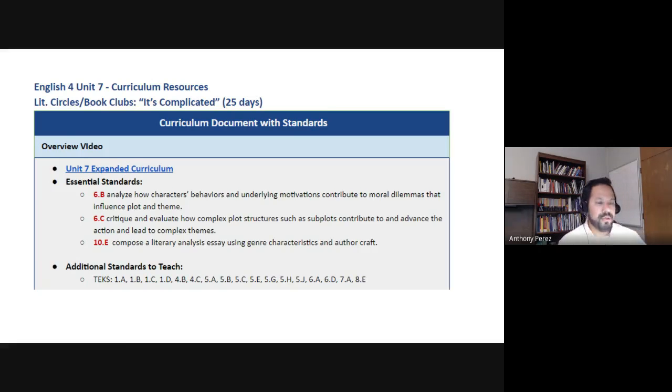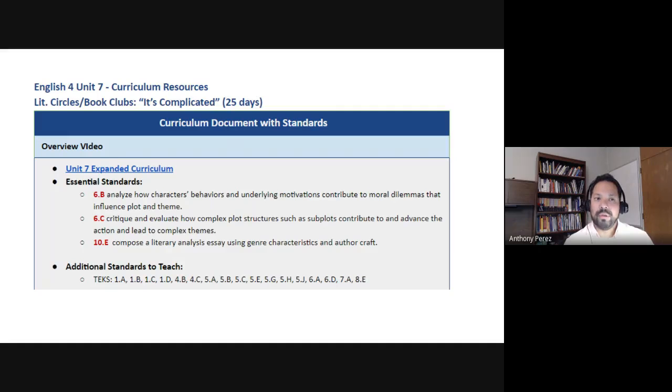We know that there's a lot of challenges to set up a lit circle when you don't have all your kids in the building and you can't physically put books in their hands the way you would during a normal school year. So with that being said, you can do this a lot of different ways as long as you fulfill these TEKs. One, you could do full-blown choice where a kid can pick any novel they want and they can read that.